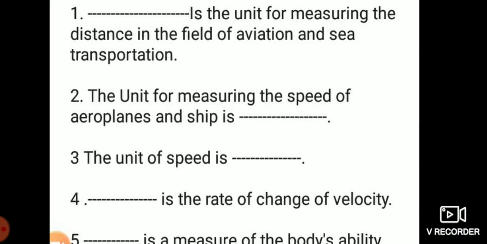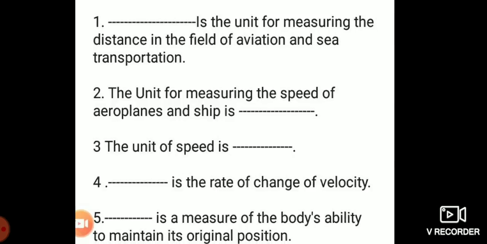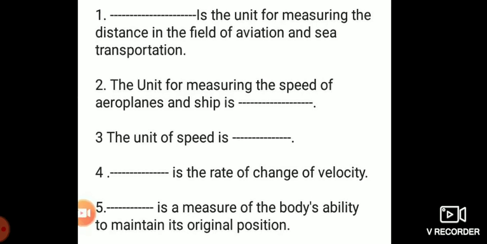Second, the unit for measuring the speed of aeroplanes and ships is dash. Third, the unit of speed is dash. Fourth, dash is the rate of change of velocity. Fifth, dash is a measure of the body's ability to maintain its original position.